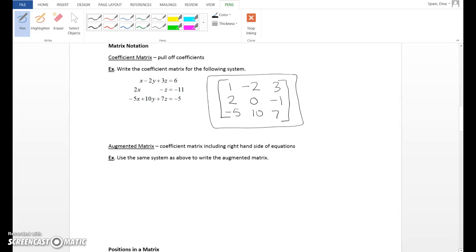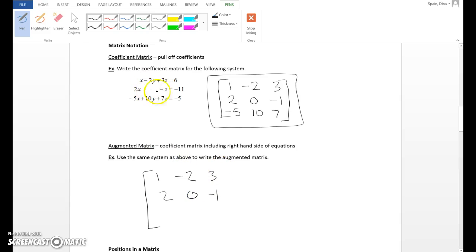It's very logical. Now, an augmented matrix, we have to go through some terminology. So the augmented matrix is going to be your coefficient matrix, including the right-hand side of the equations. Right now we're going to include the 6, the negative 11, and the negative 5, but watch what it looks like. So your augmented matrix, you start with the coefficients.